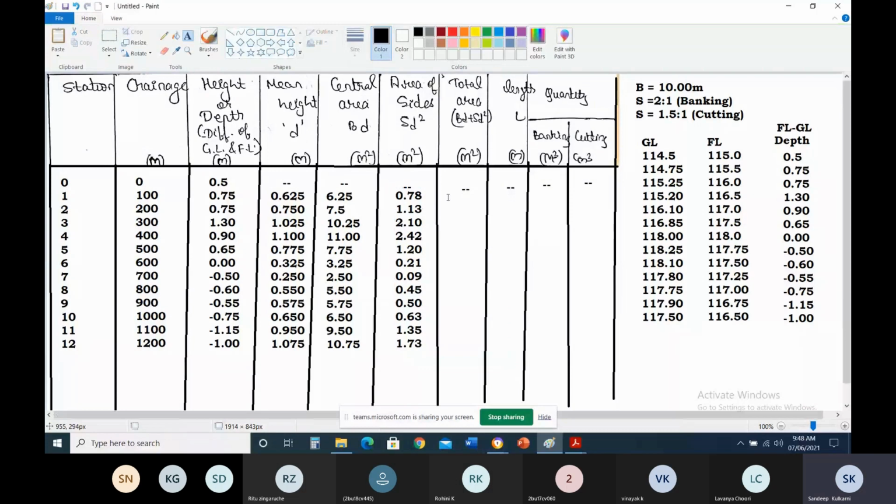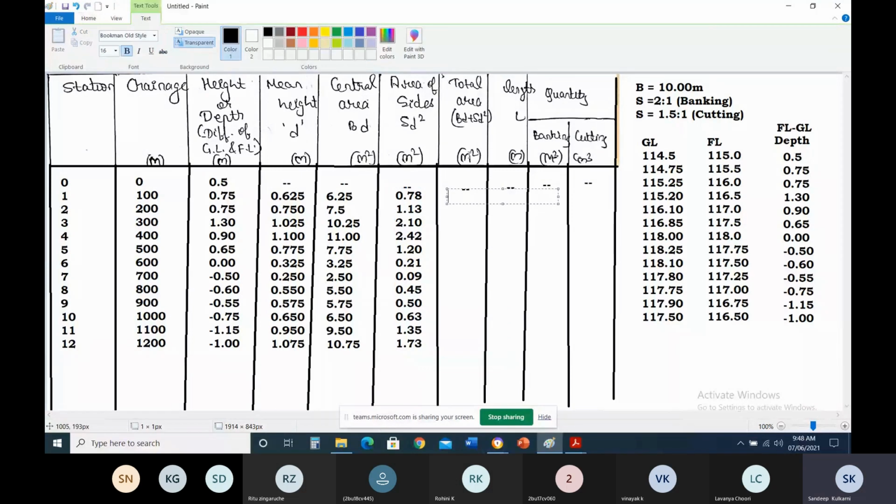Next, in the column they have mentioned b d plus s d square. The b d value you already got, and the s d square value you got. So simply you go on adding the values: 6.25 plus 0.78 is 7.03. Similarly, 7.5 plus 1.13, 8.63.